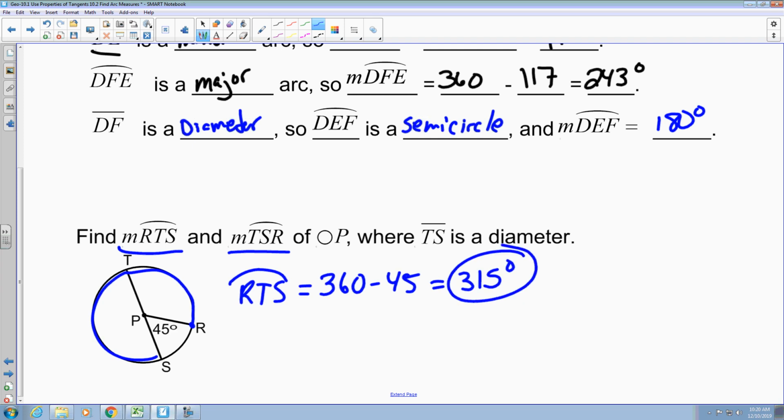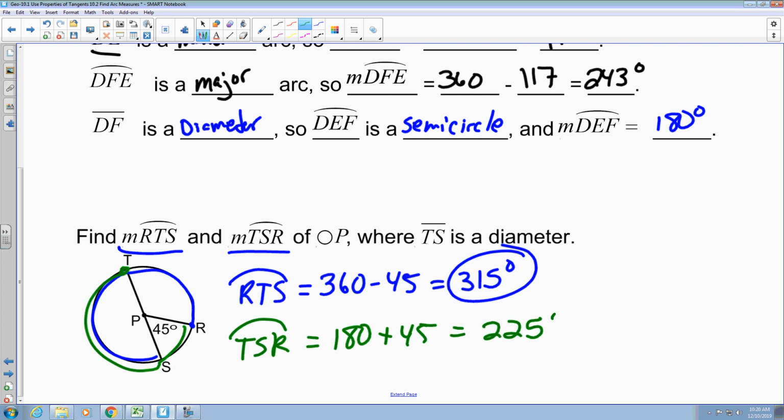To find TSR, well, TS is 180, and that gets added to 45, so that's where we get 225 degrees.